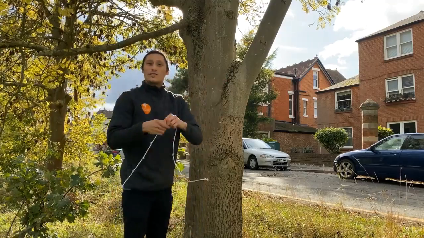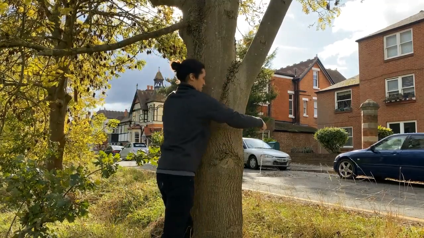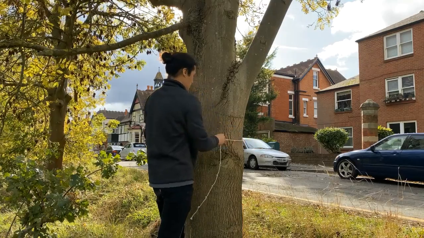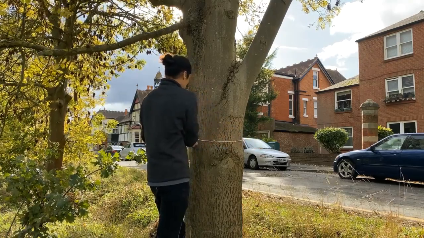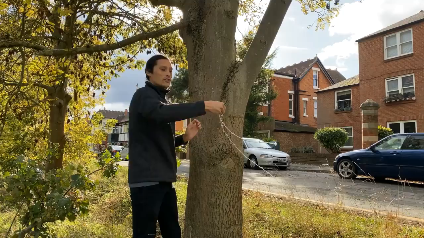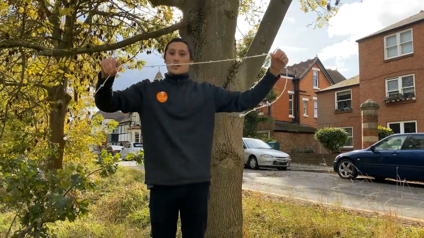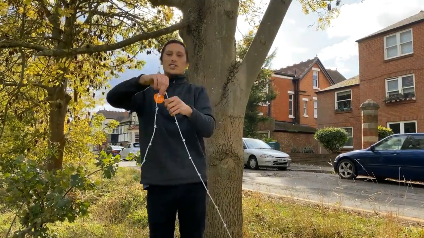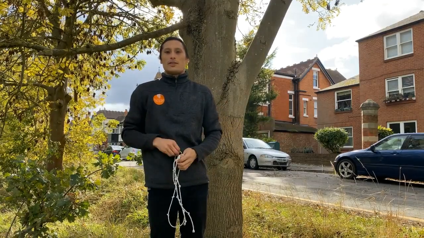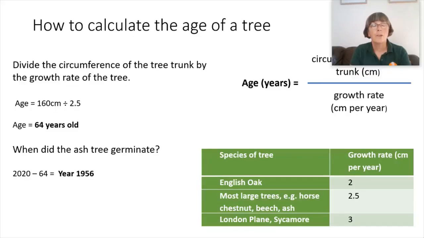But you could use the string instead. Find on the 2 meter string where the knots end, just count the number of knots, and that will tell us the measurement. So now we've measured our tree, we can work out how old it is.